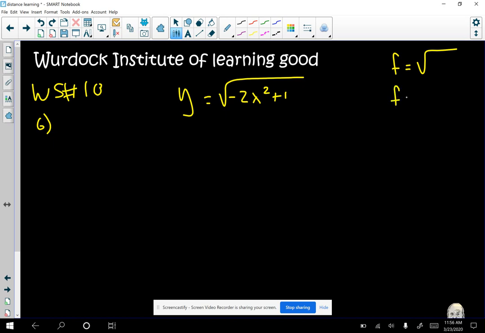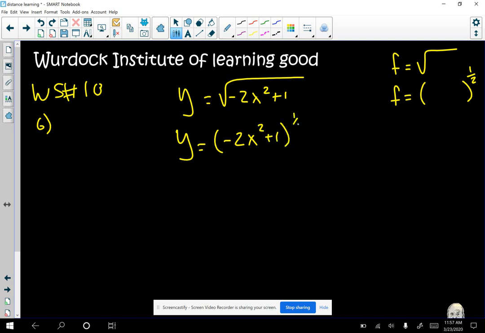Instead of the square root of x, I'm going to call that something to the power of half. So I'm not even evaluating the derivative just yet. I'm just rewriting this original function as negative 2x squared plus 1 to the power of half.